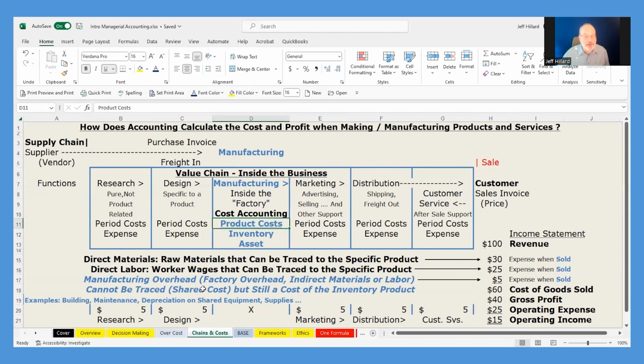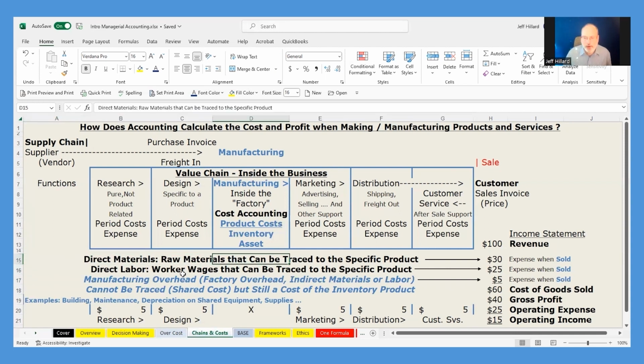This is also known as manufacturing overhead, factory overhead, indirect materials, and indirect labor. Hey, folks, it's all the same stuff. It's a shared cost, can't be identified with one product or one batch of products. Examples might be building maintenance, supervisor salary, et cetera.